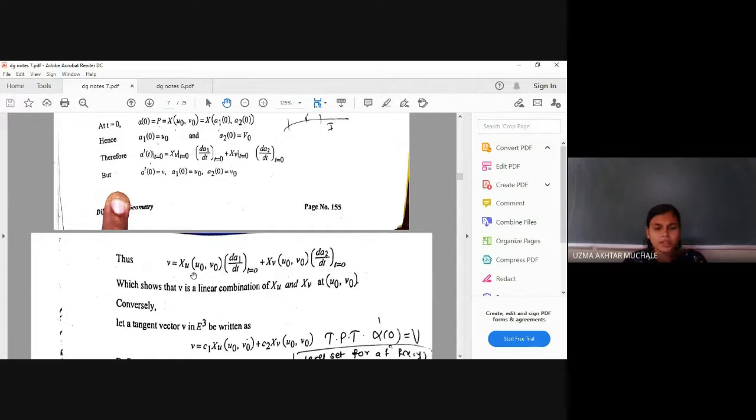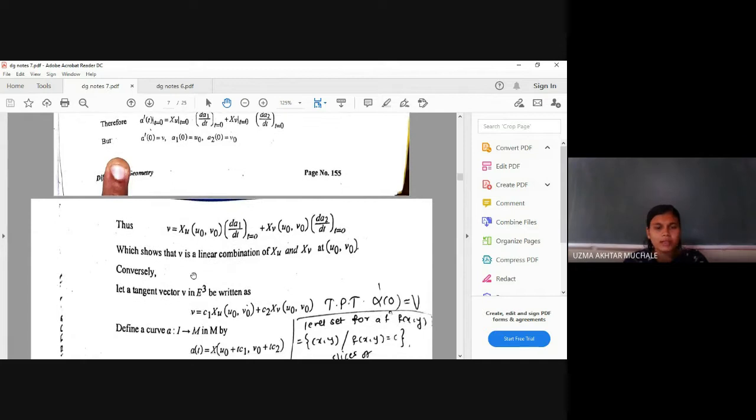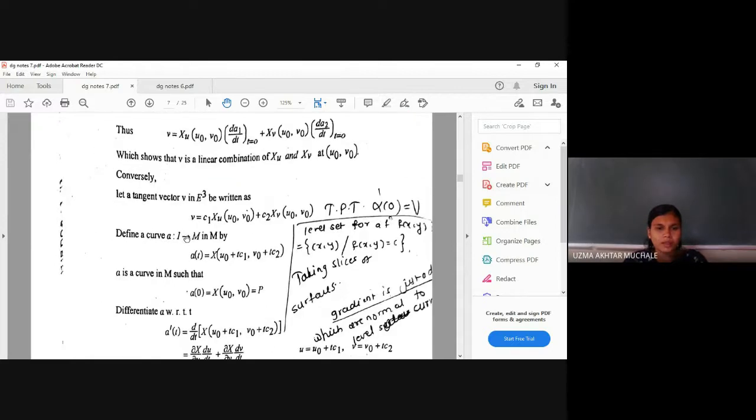It will be some constant now, because A1, A2 are functions of t, and if you put t equal to 0, that may be directly 0, it may be some constant. So hence we have proved that any vector v can now be written as a linear combination of xu and xv. Okay. Now in the reverse part, what you have to do, we are provided that a tangent vector v is written as a linear combination of xu and xv.